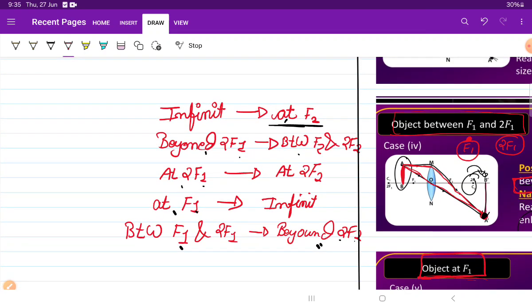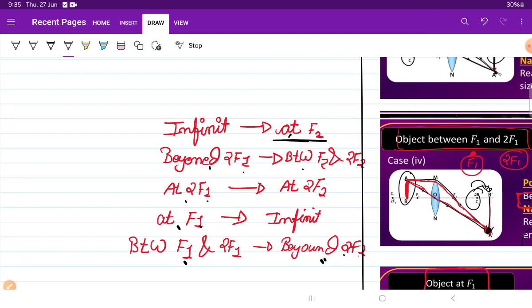Here the same trick is going to be applied, but you just have to be focused, because in the previous one we have the center of curvature and the focus, but here we have F2 and 2F1. So if the object is at infinity, then the image will form at F2, that means at focus.